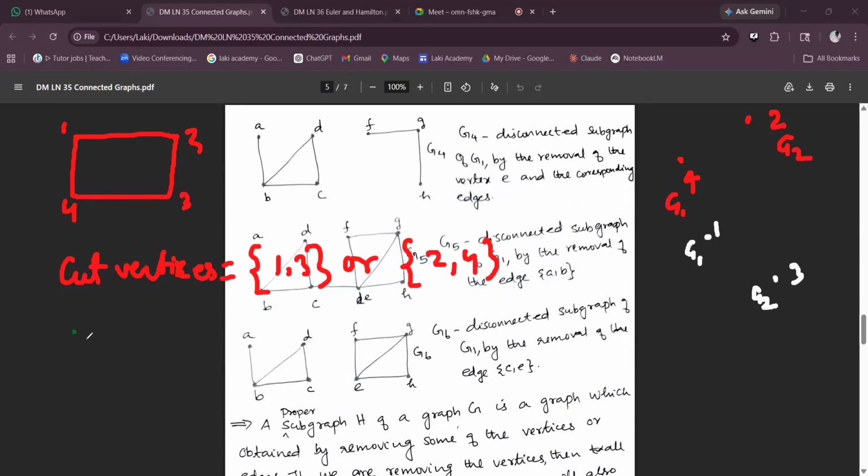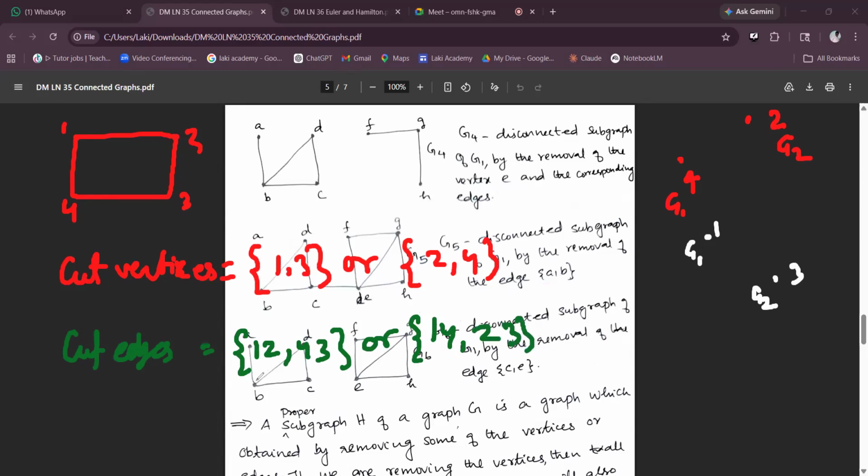And what are cut edges? When you remove 1, 2, it will not work. Then what will you do? You have to take a pair of edges. You can remove 1, 2 and 4, 3, or 1, 4 and 2, 3.